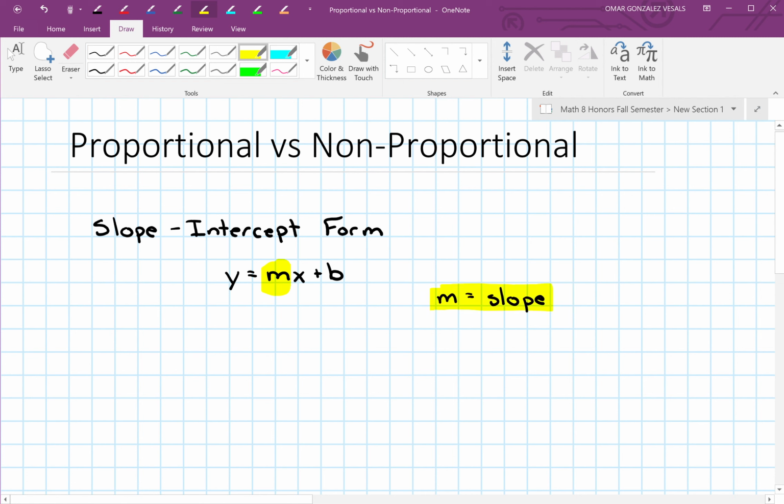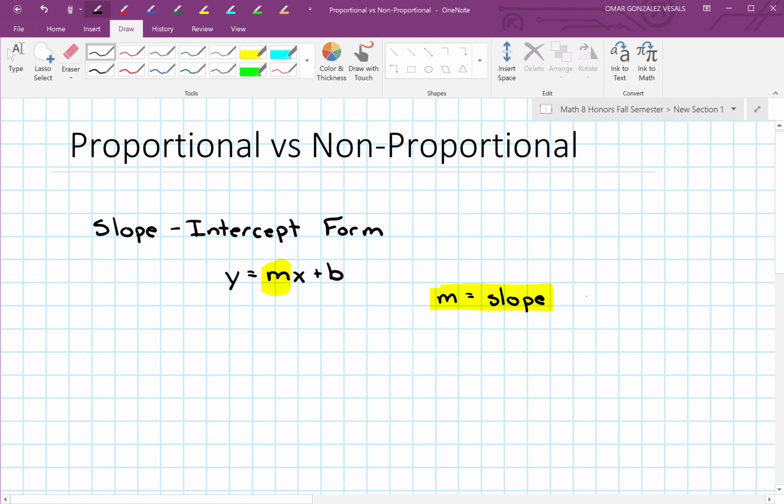Now it's nice to know that M represents slope, but we also need to know what slope is. Does anybody know what slope is? What do you think it is? Oh, it's like the line that goes through the line. No, that's just your line.